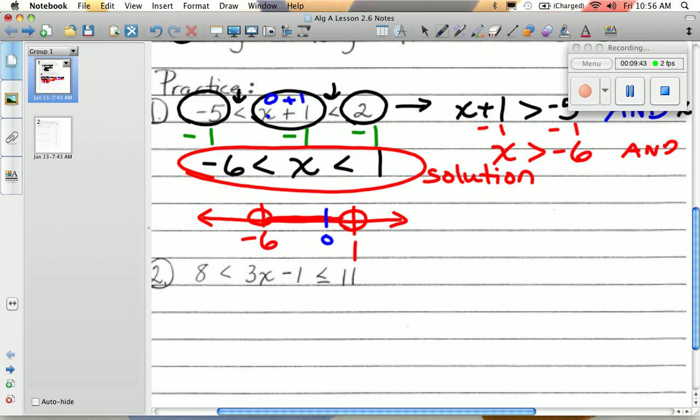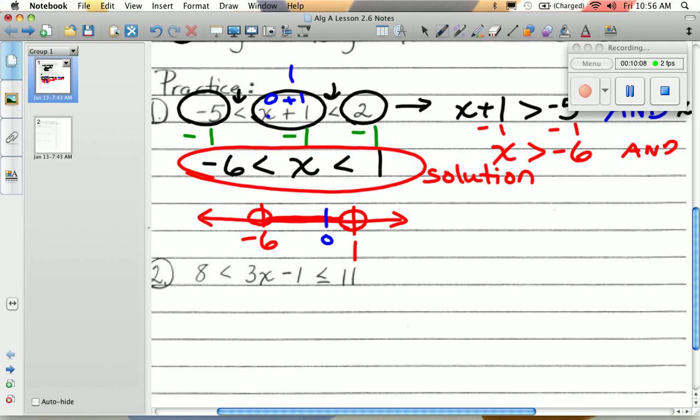What is 0 plus 1? 1. Okay, so now we're going to see if this is a true statement or not. Is -5 less than 1? Yes. Okay, -5 is less than 1. Let's check out the other part now. Is 1 less than 2? Yes. So it makes the whole thing true. It's a point that satisfies both sides of it.